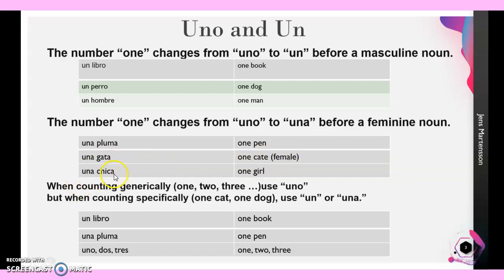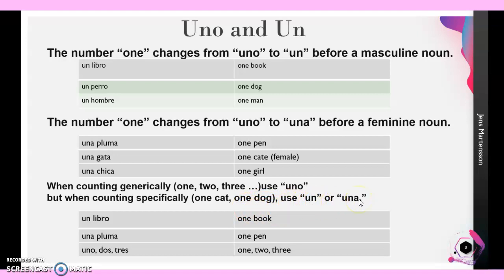Una chica, one girl. When counting generically, as in 1, 2, 3, 4, 5, use uno. But when counting specifically, 1 cat, 1 dog, 1 house, use un or una.